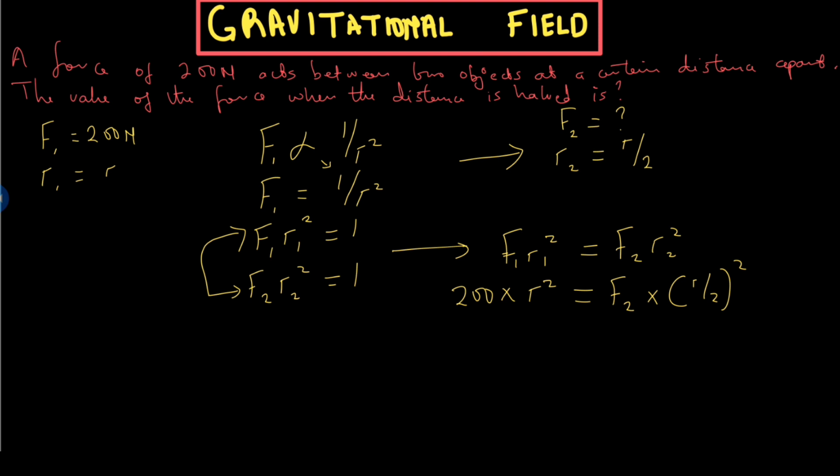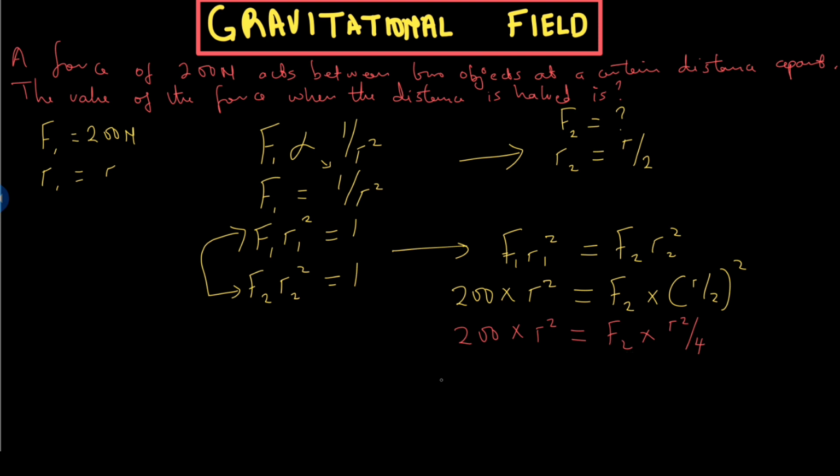From this point, the only thing left is to simplify. This is 200 times R squared equals F2 times R squared divided by 4. Now make F2 the subject.